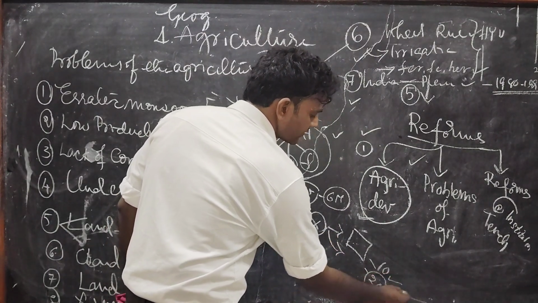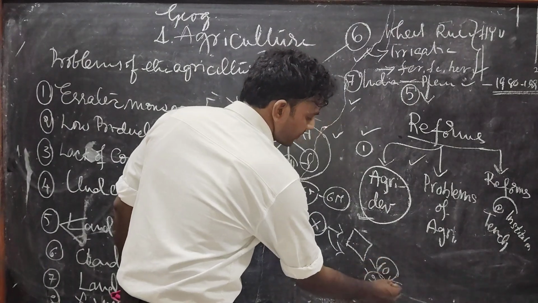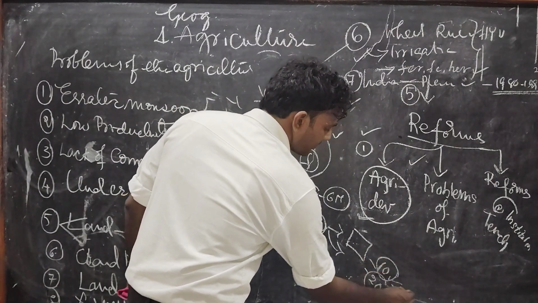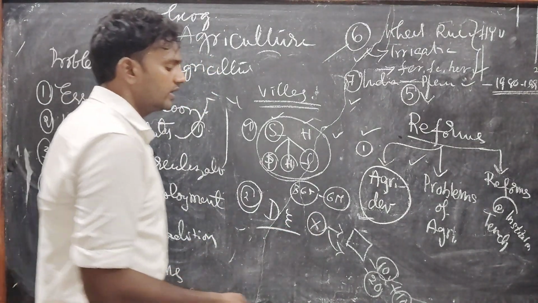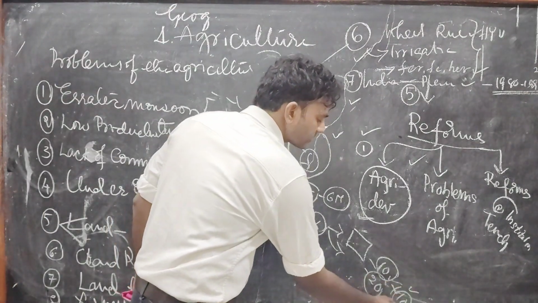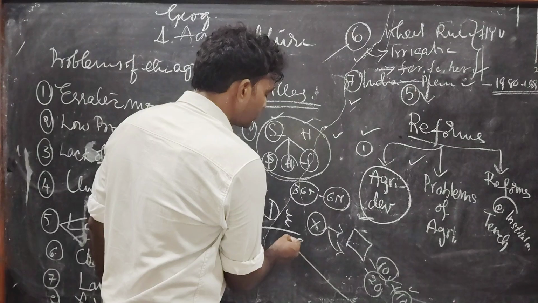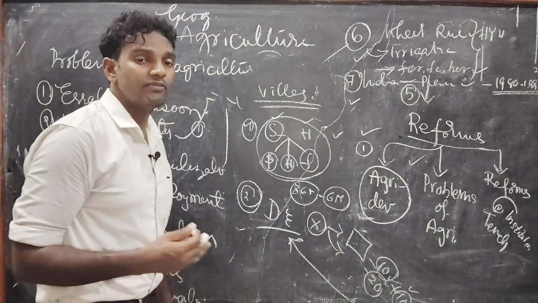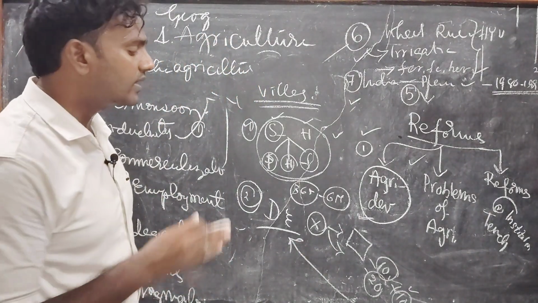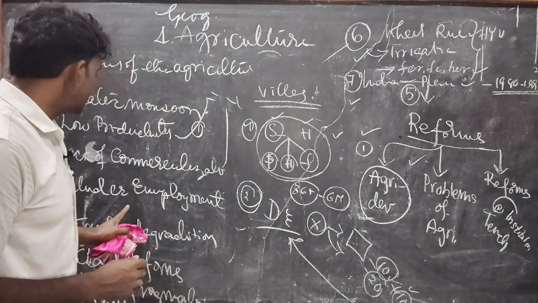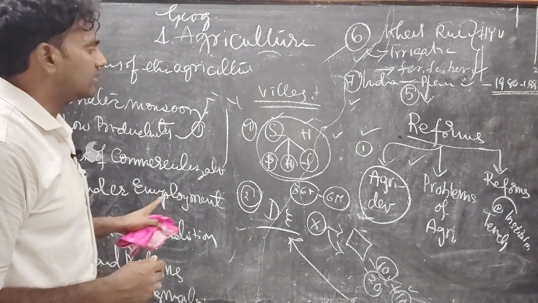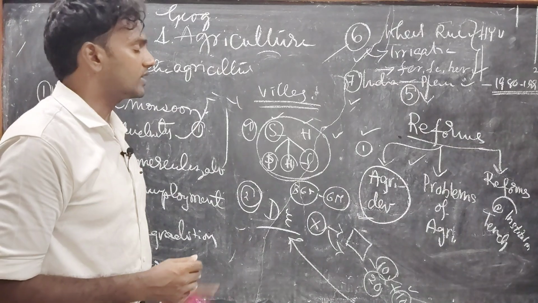Actually this work is sufficient for 10 people, but the extra 10 people are also working on sowing paddy. This kind of employment comes under disguised unemployment. It is not giving productivity, so it is a burden to society. So there is huge underemployment in villages, that is, in agriculture.